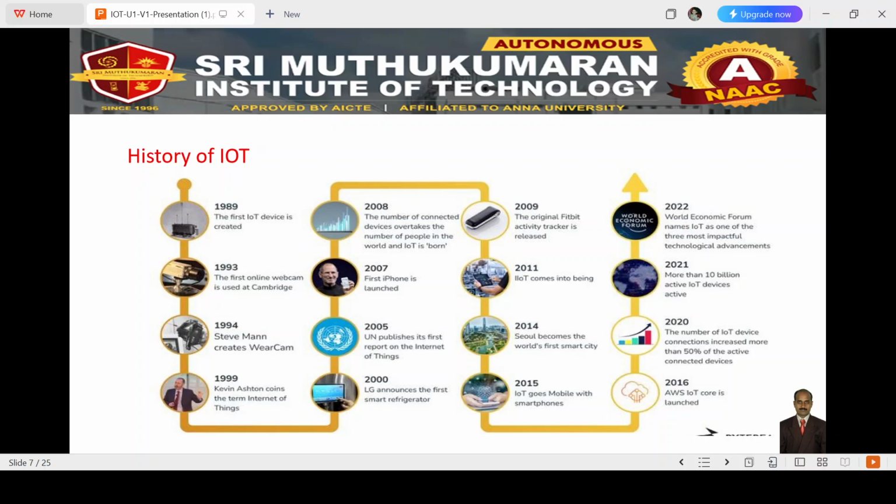Then in 2021, there are more than 10 billion active IoT devices available. And the last one I want to emphasize in this history of IoT is the year 2022, when the World Economic Forum named IoT as one of the most important and impactful technological advancements. So this explains the history of IoT.